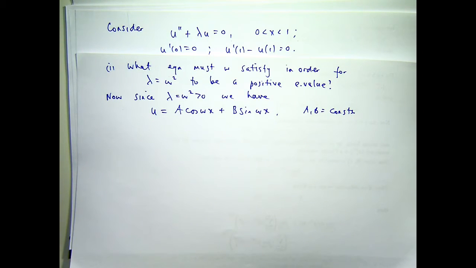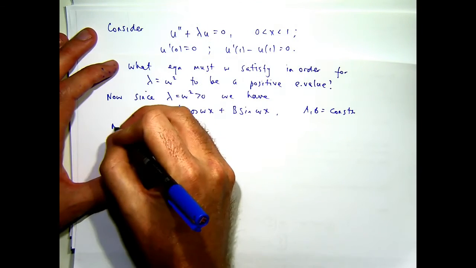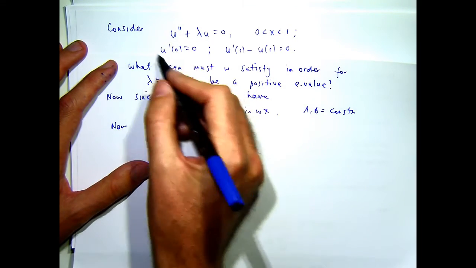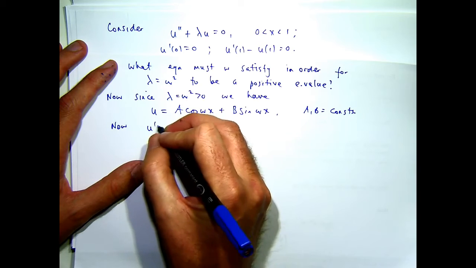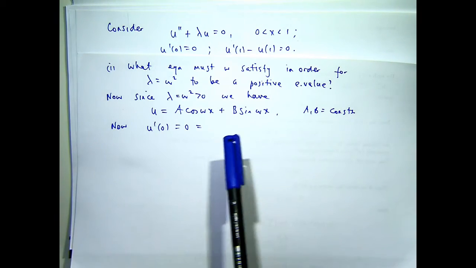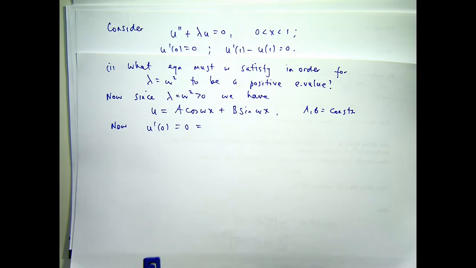Okay, so now let's bring in the boundary conditions and look for non-trivial solutions. The left-hand boundary condition: we take our general solution and differentiate it. When we differentiate cosine, we get a sine, which will go to 0.